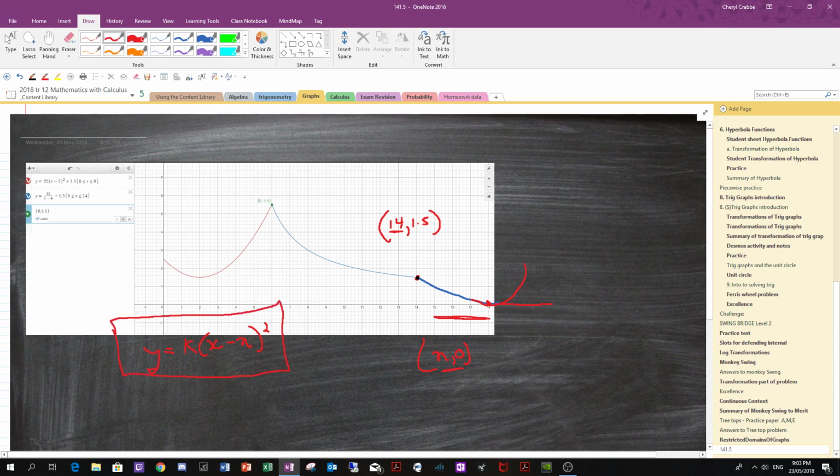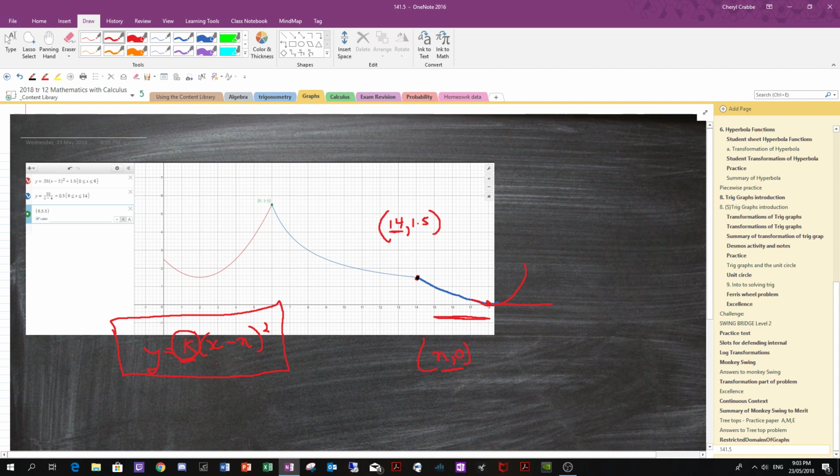But we don't know what k is, so in order to make a generalization so that we could basically put any point into our general equation to get the model of this graph, we need to represent k as a generalization. So we need to find out what k is in terms of x and n and so on. So what we do is we're going to rearrange this formula in terms of k.